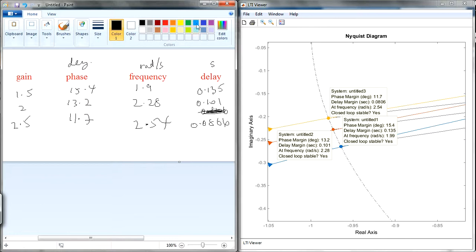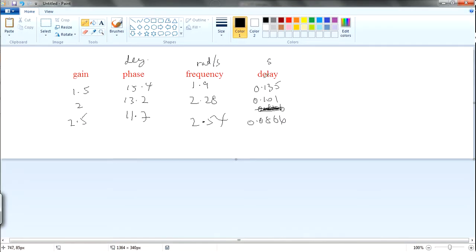So what can you deduce from here? When the gain increases, your delay decreases, right?